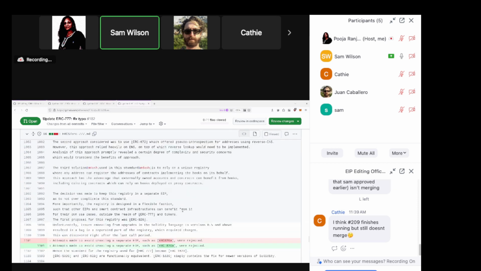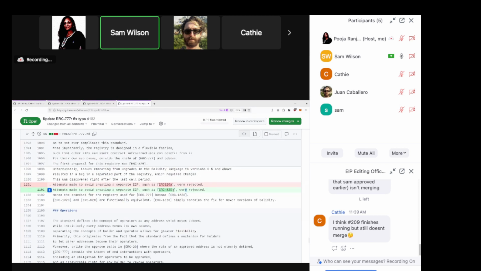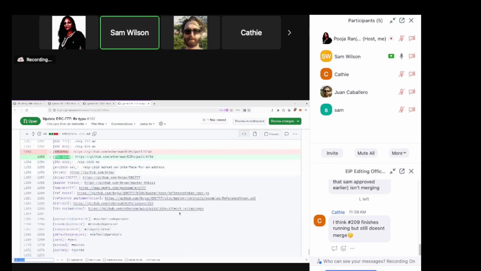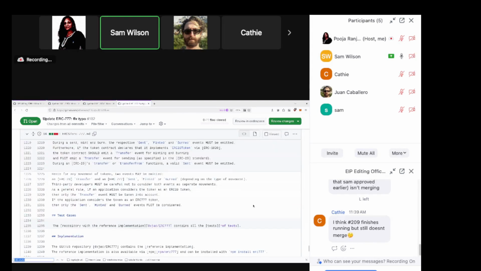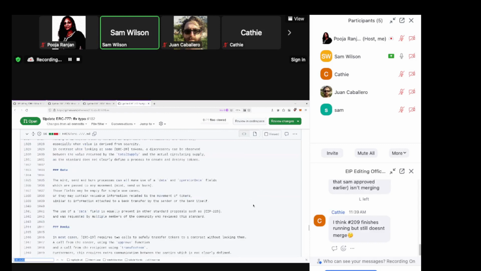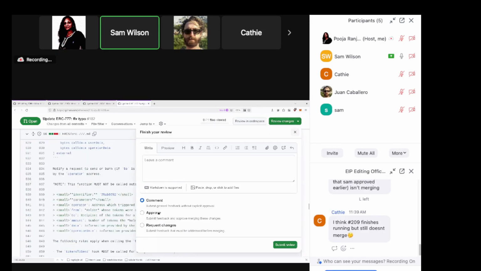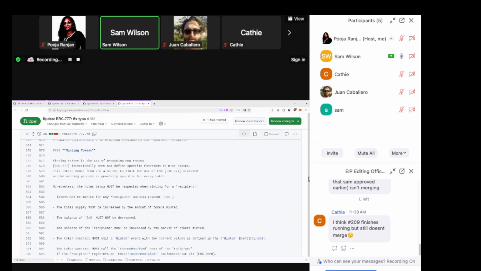And separate EIP such as, what is that? I mean, that doesn't really matter, so that's fine. Okay. I mean, sure, we can, it's already approved, so I guess I'll just merge this by hand.